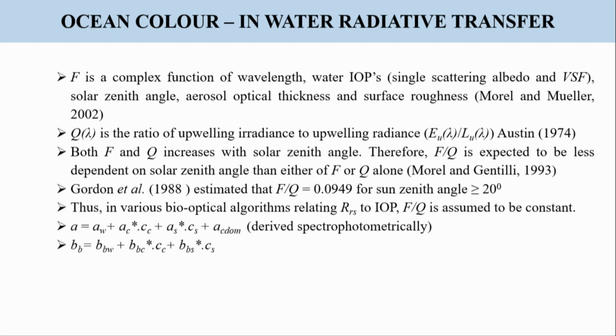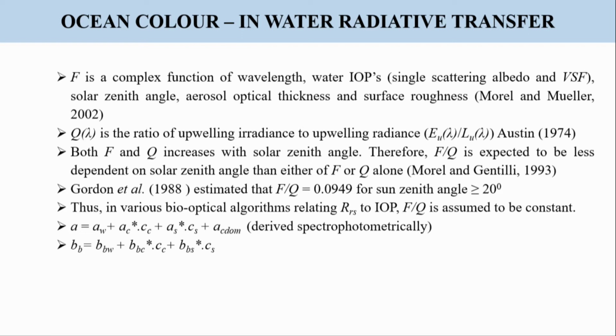Of the remaining factors, F is a complex function of wavelength, water IOPs, solar zenith angle, aerosol optical thickness, and surface roughness. Q(λ) is the ratio of upwelling irradiance to upwelling radiance, that is Eu(λ) by Lu(λ). Both Q and F increase with solar zenith angle.